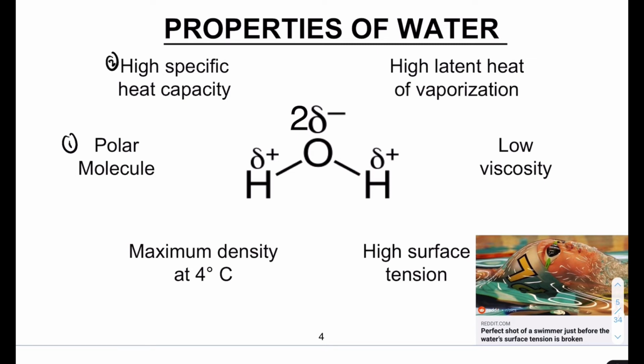Next, kita akan tengok high specific heat capacity. So maksud specific heat capacity adalah amount of heat needed in order to change the temperature of water by 1 degree Celsius. So a lot of heat is needed in order to change the temperature of water by 1 degree Celsius. The third property is high latent heat of vaporization.